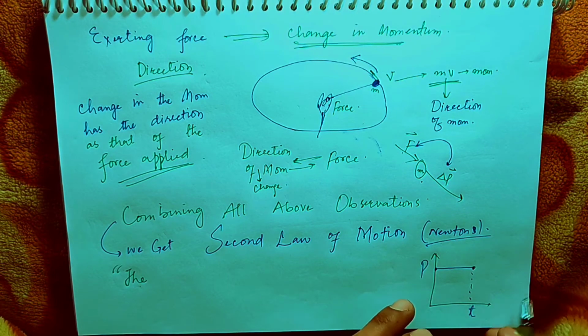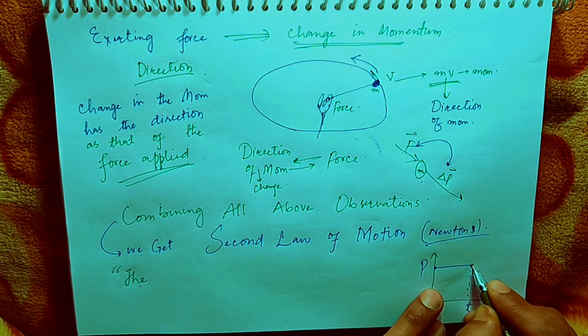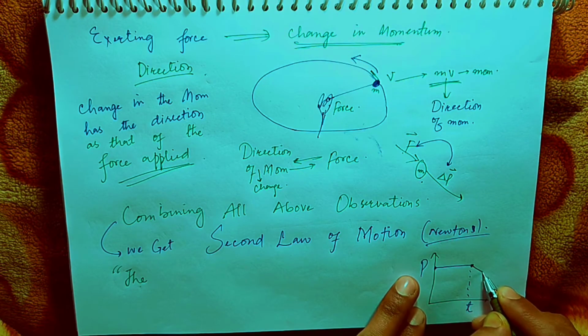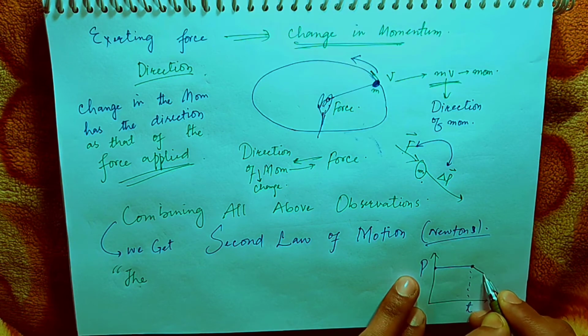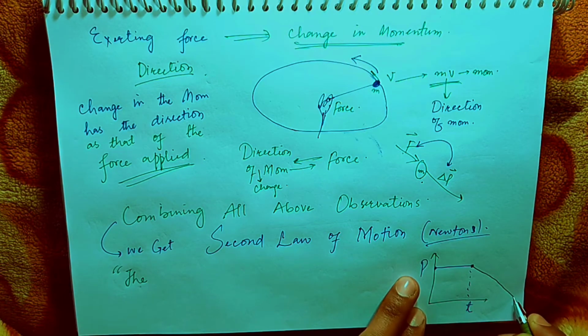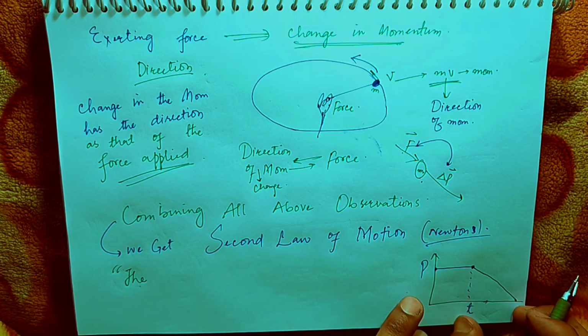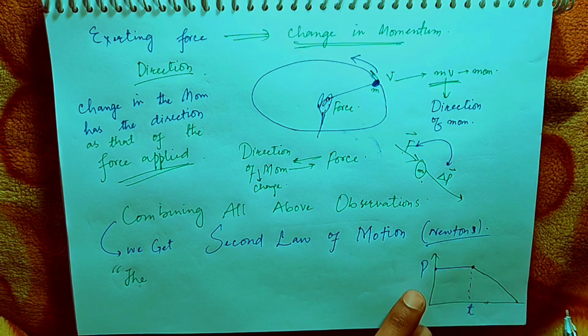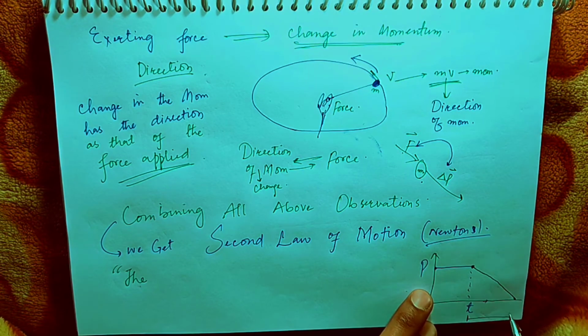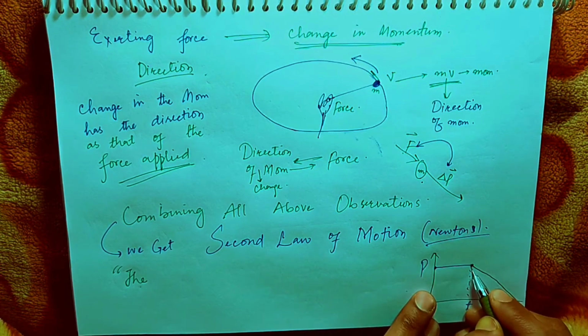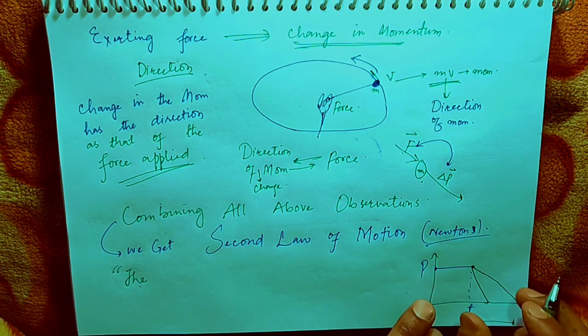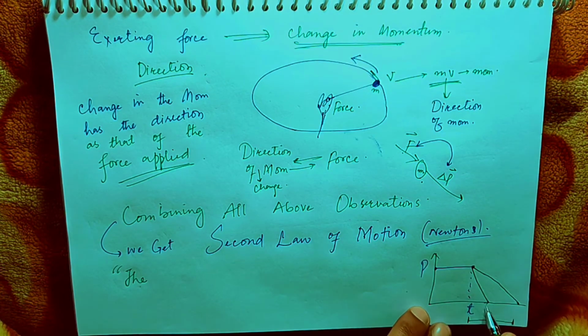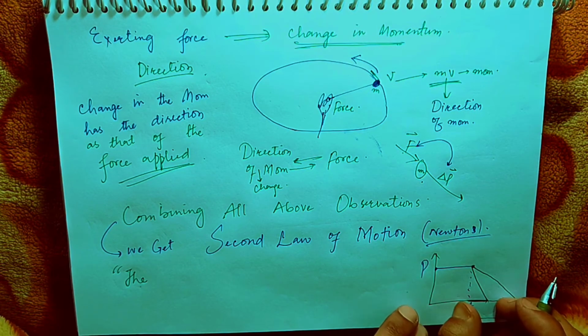There will be a few conditions. If the time of action or relaxation time is very high, the change in the momentum will go from this point downwards, but the time of action will be more. So that means lesser force has been applied, because the time of action is very high. If more force is applied, the change in the momentum will happen in a lesser amount of time.